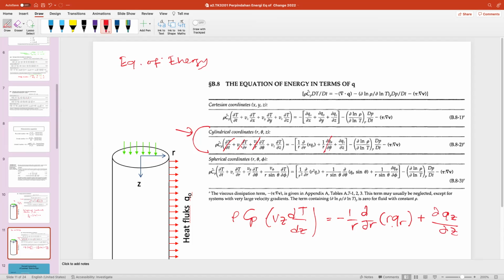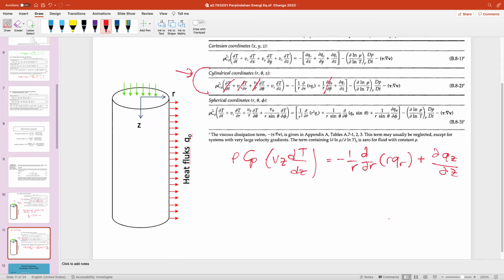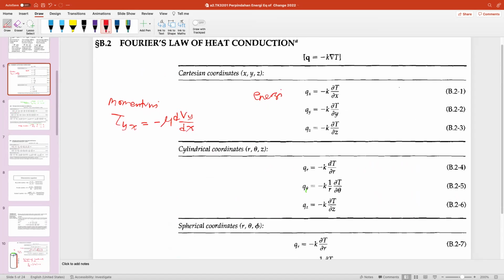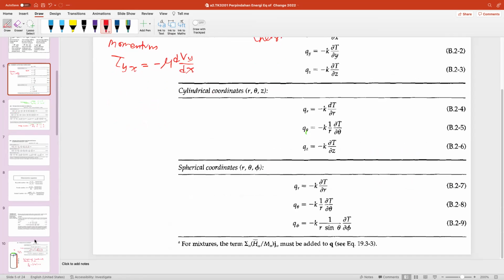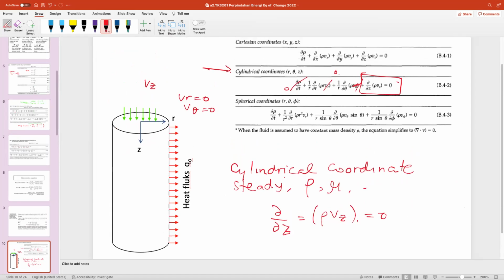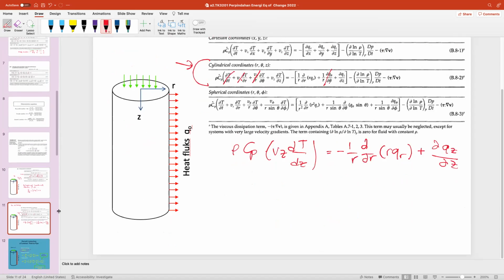After that you can go back to the Fourier's law of conduction to find what qr equals, and what qz equals.